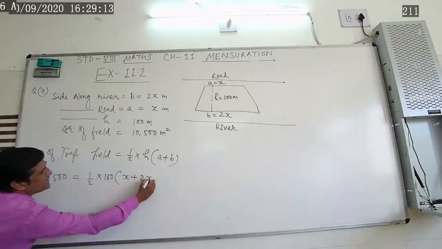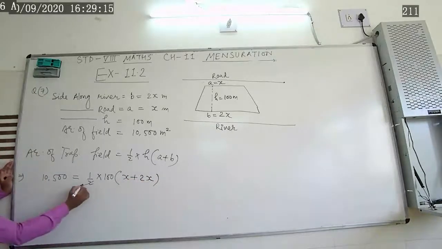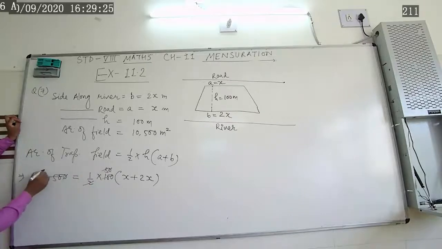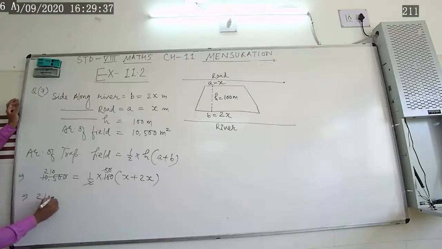x plus 2 times x, so that goes 50 and 10 part. So 0 will again come, which implies 210 is equal to 3 times x. 3 7 0, so the x value is coming to 70 meters.